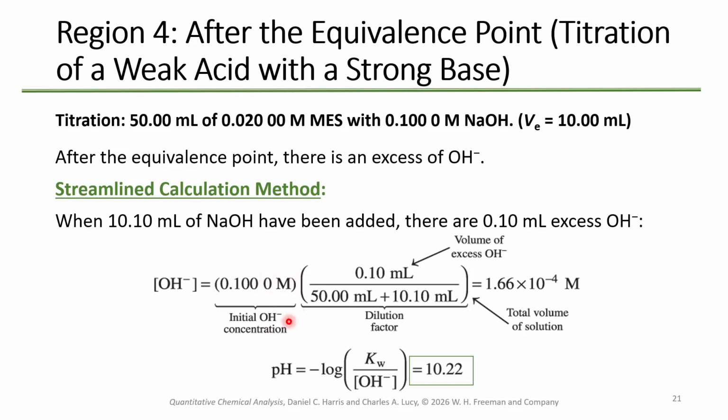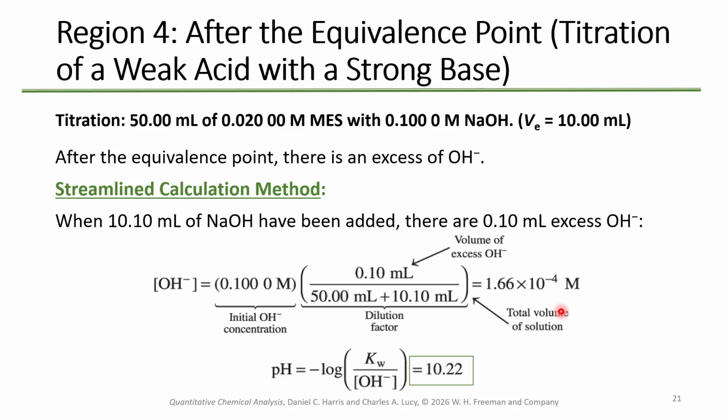And so here's our initial concentration of OH minus right there. And again, we take the excess here, which is the 0.1. We divide it by 50 milliliters plus the 10.10, which is the amount we added here, right? And then that's going to give us the concentration of OH minus.